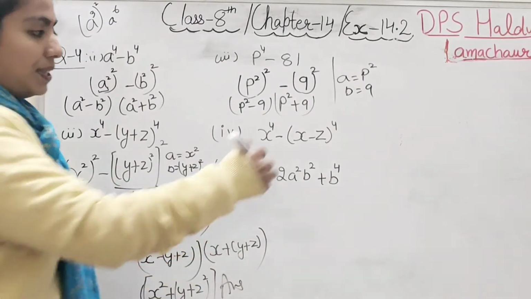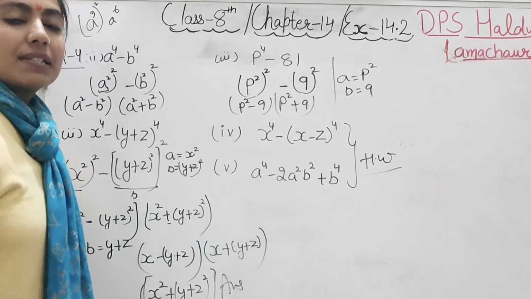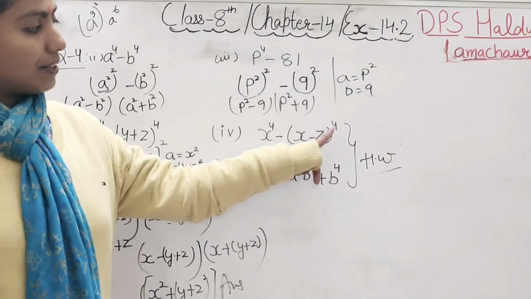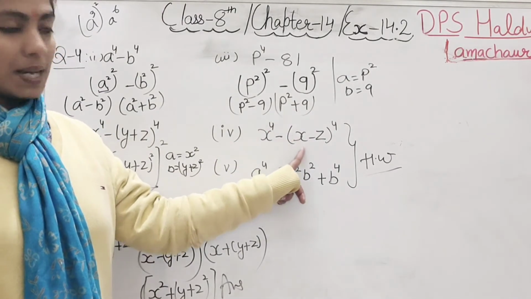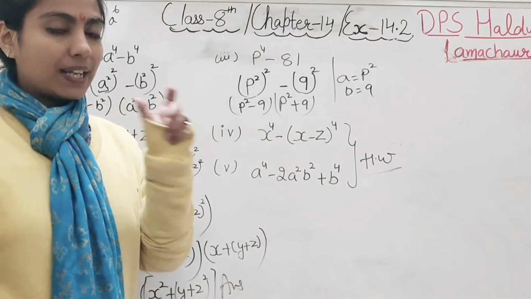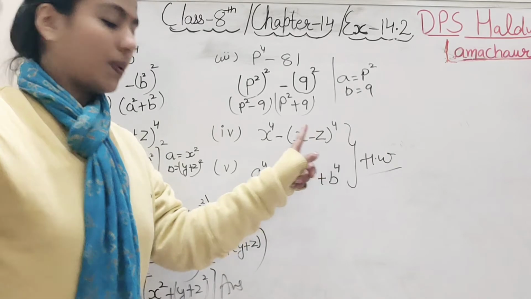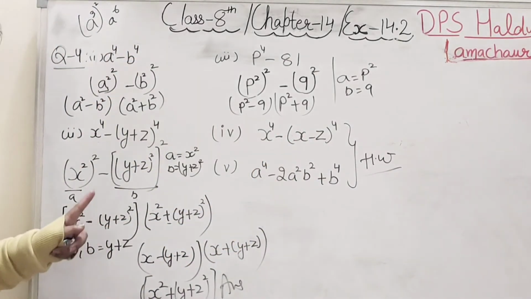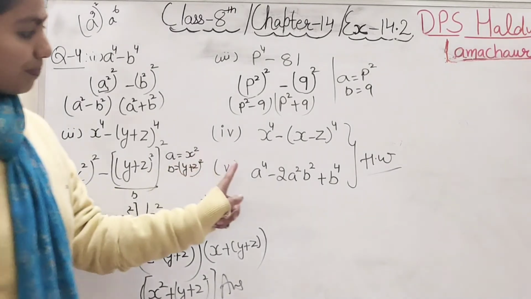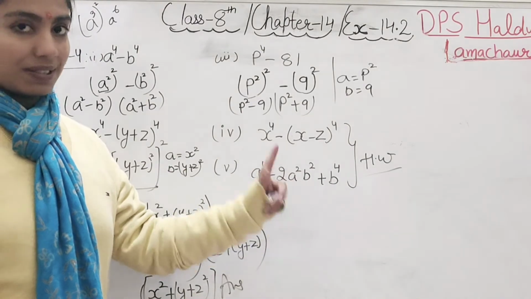Fourth and fifth parts, these 2 parts you can solve on your own. But I am going to discuss a little bit with you. See again, x4 minus x minus z4. So a square minus b square. Okay? Again next, square will remain because it is square of x square and square of x minus z, in the same manner here. So again another formula will be made in this manner only. Right, student? Fifth part, a4 plus b4 minus 2a square b square.